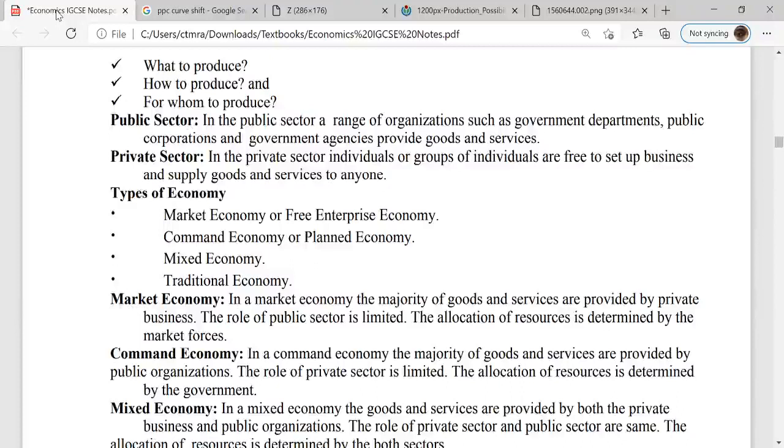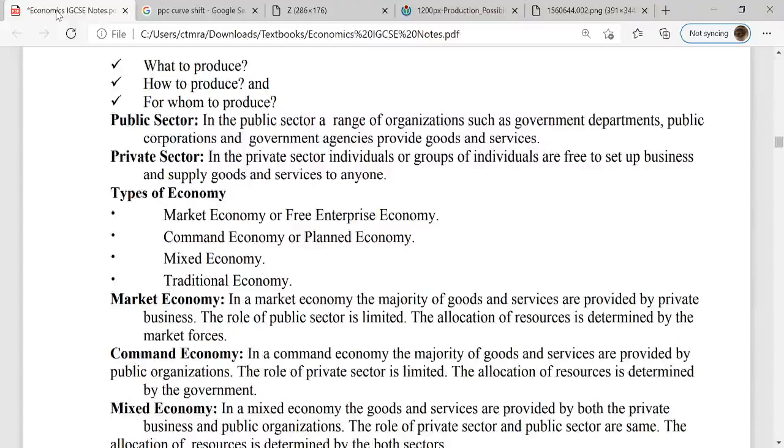Goods and services are produced by the government. In the private sector, the resources are owned and controlled by individuals or groups of individuals. Based on these two, there are two types of extreme economy. Market economy depends totally on the private sector, and command economy depends totally on the public sector.